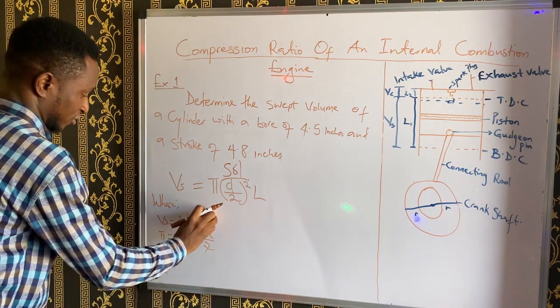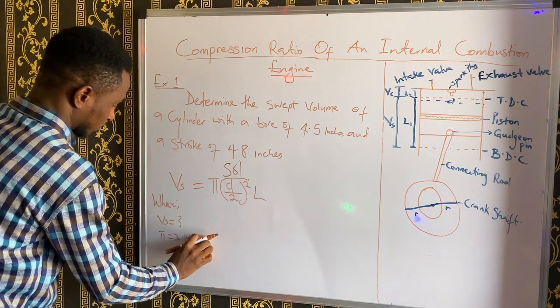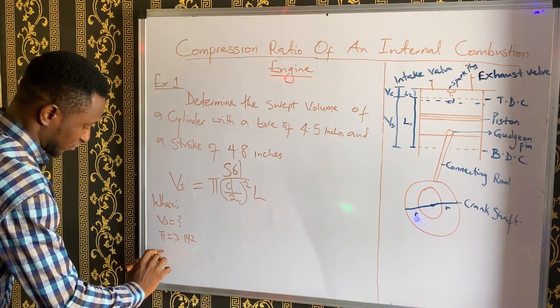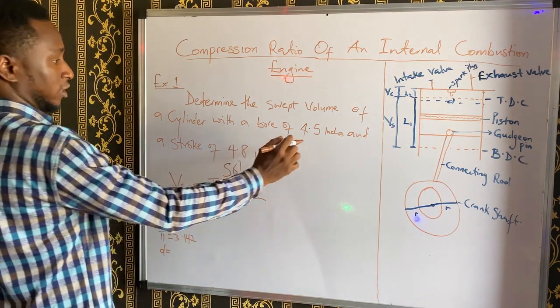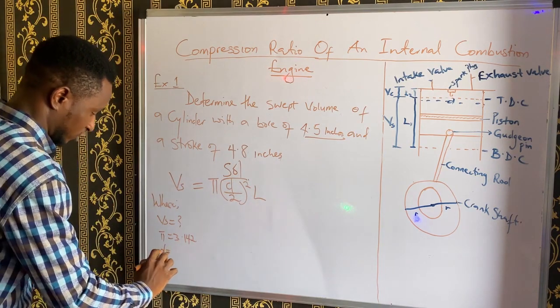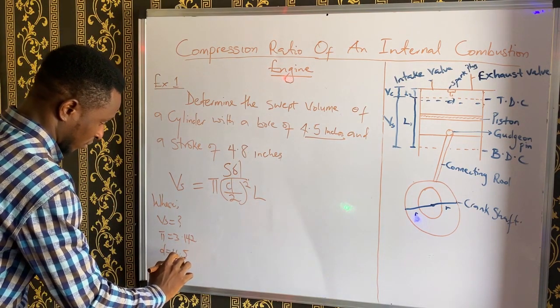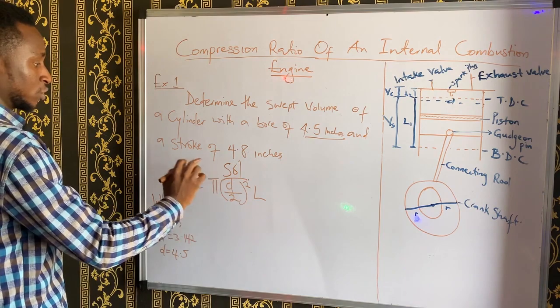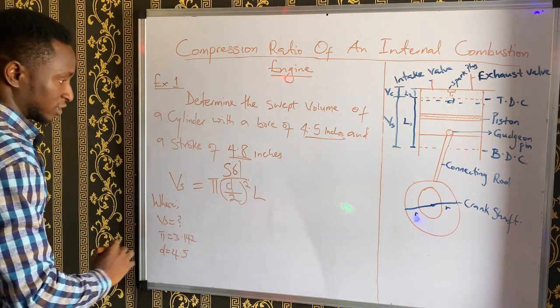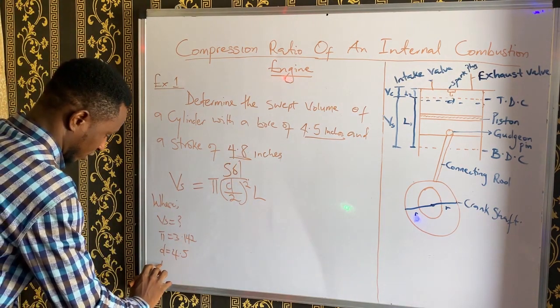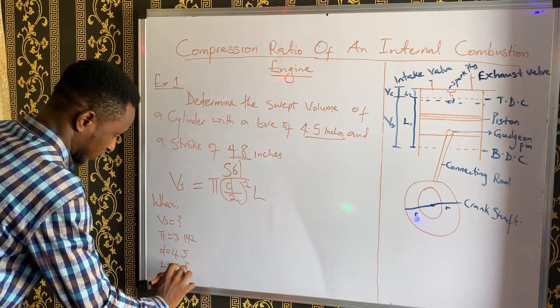We are not using 22/7, but we are going for 3.142. Then the diameter given, which is the bore, is 4.5 inches. And our stroke length, which is the stroke, given is 4.8. So we have L equals 4.8.